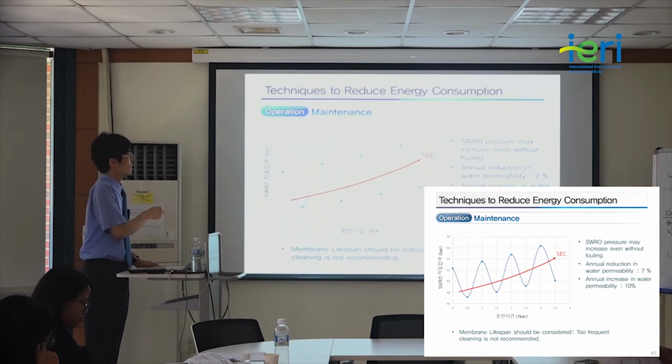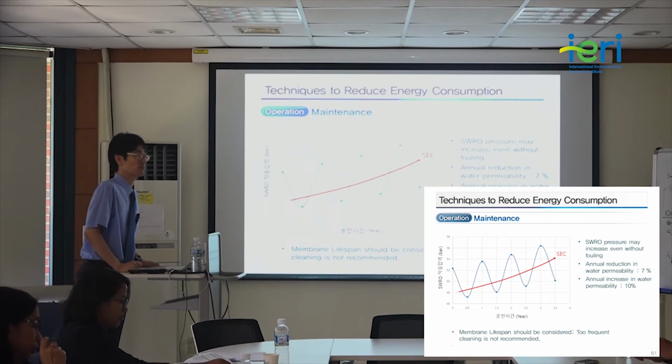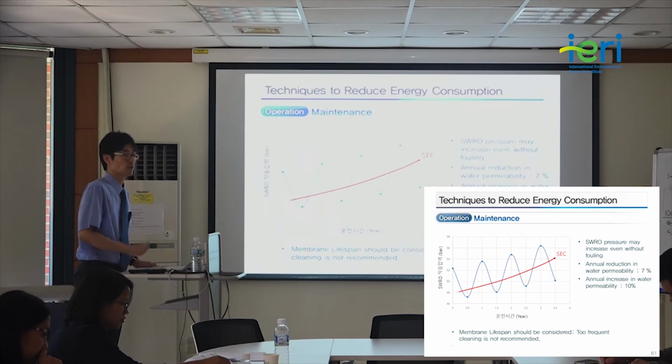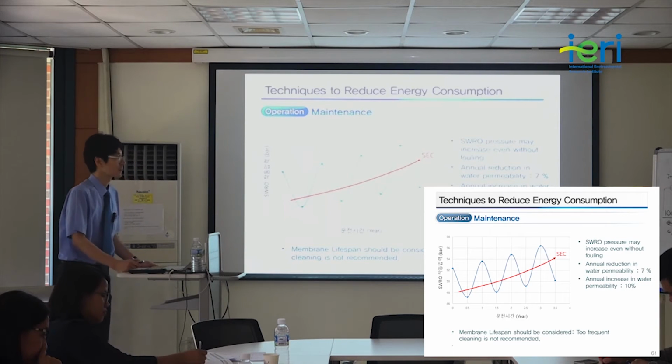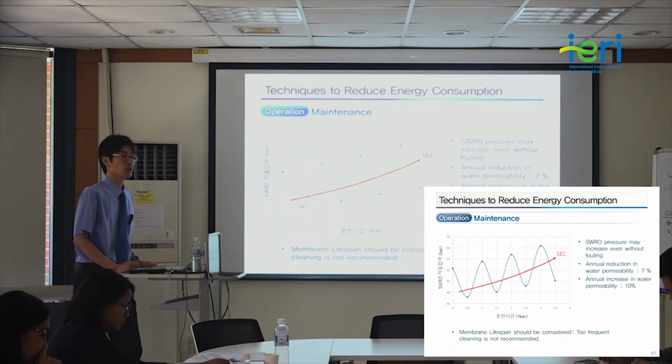It means that the membrane will lose its original performance. So after use of 3 or 4 years, we have to replace the membrane even without any significant membrane fouling. And this number may increase if you use too many chemicals.